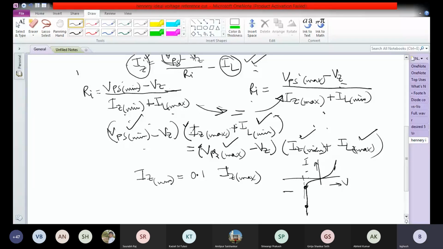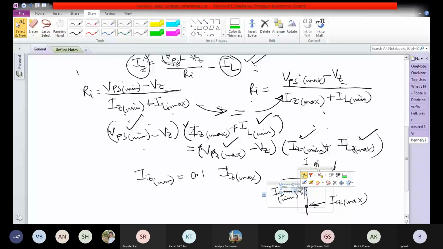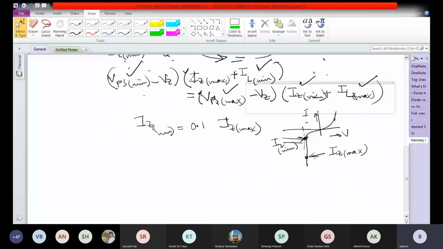So we need to know what is IZ. This is IZ min and this is IZ max. Okay, just neglect this horizontal line.